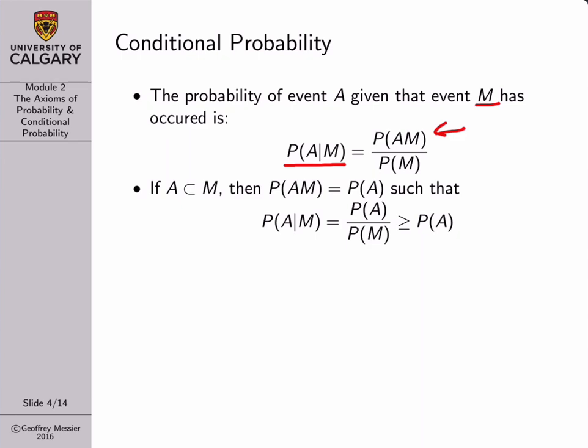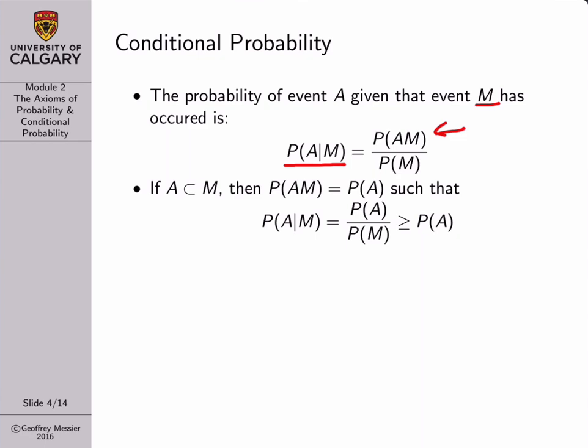And so conditional probability allows us to determine whether or not the information that we have about M will, in fact, affect our uncertainty level about whether or not A is going to occur. And so we're still dealing in very abstract terms here. I'll come to an example in a second that will illustrate this in perhaps a more clear way.